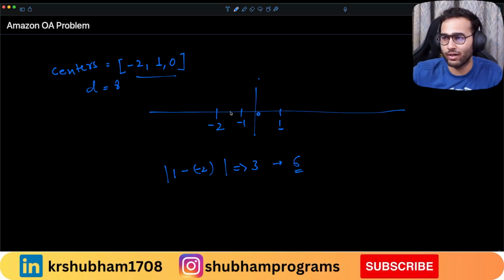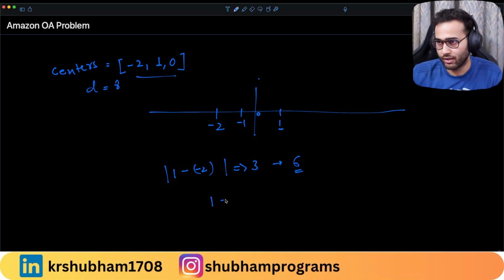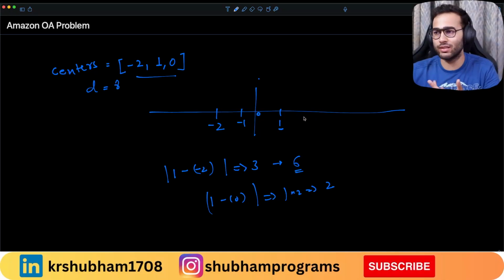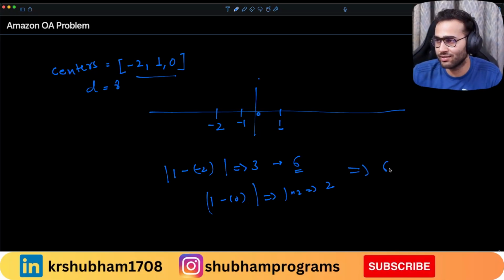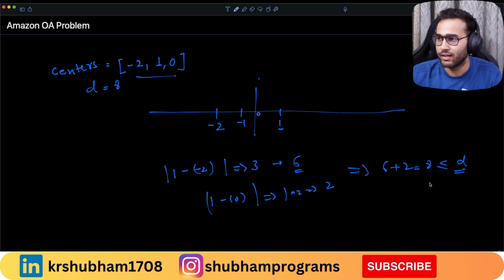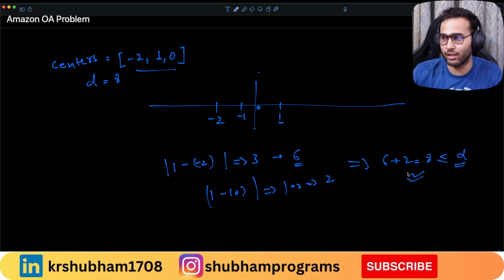Then from 1 to 0, the distance will be 1 minus 0, which is 1, times 2, which is 2. And from 1 to 1, the distance is 0. So total distance is 6 plus 2, which is equal to 8, which is less than or equal to D. Hence, 1 is a possible correct value.